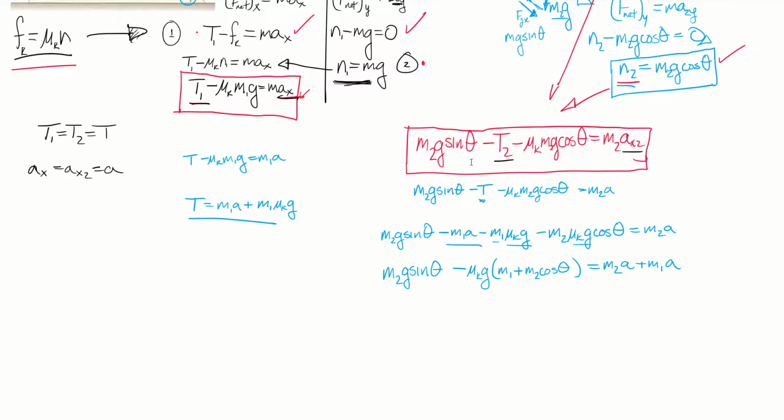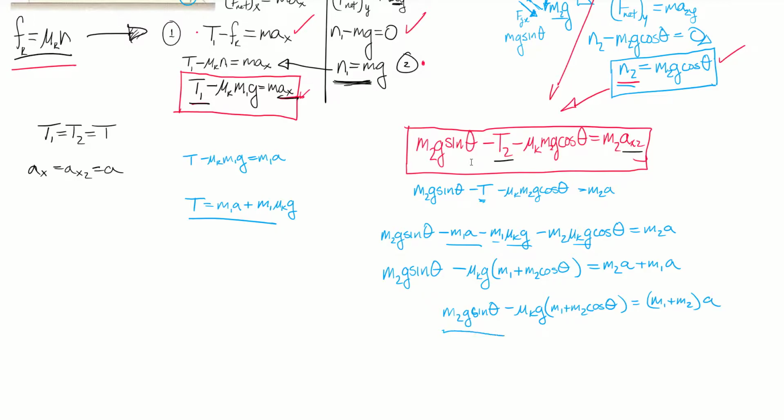We can simplify this a bit, but essentially we're pretty much done. m2g sine theta minus mu k g times m1 plus m2 cosine theta is equal to m1 plus m2, all times a.